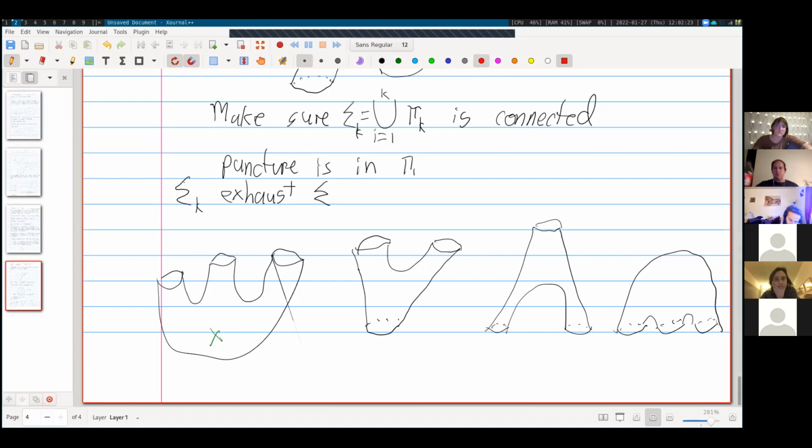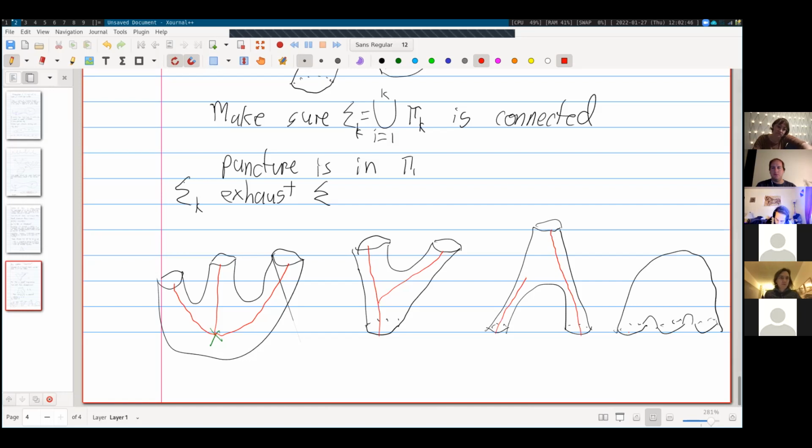So this thing I call the skeleton, and I'm just going to draw it on each pair of pants. So on the first one, it goes up out of all 3 of these guys. If we get to this situation, it goes like that. If we get to this situation, we want this to be a tree, so that one will just stop there.